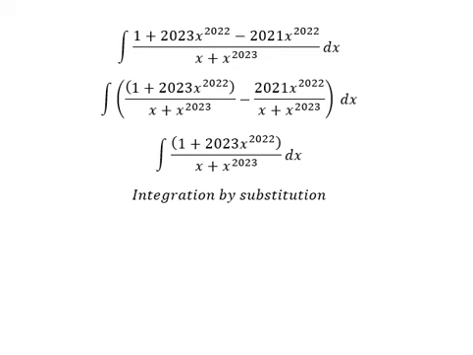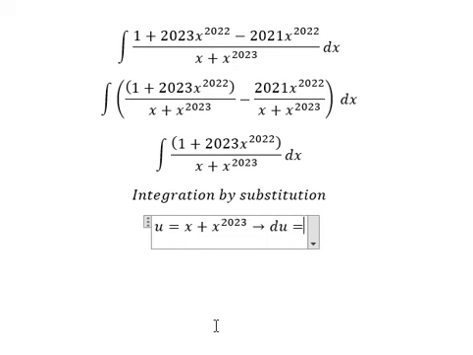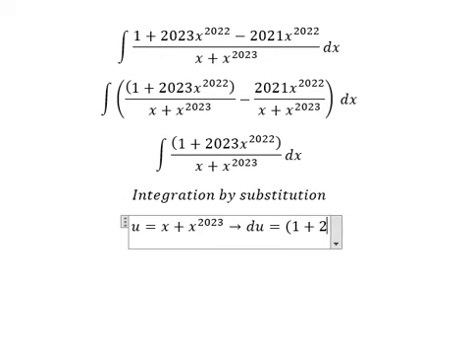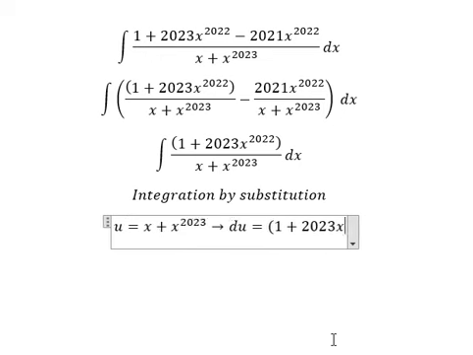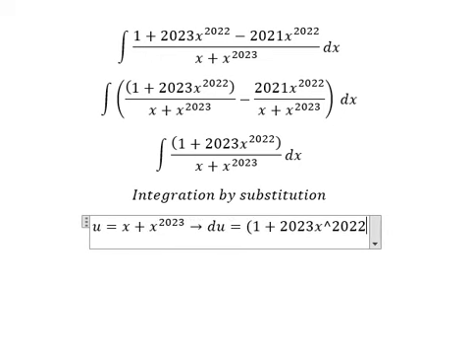So I will put u equals this one. Later we need to take the first derivative of both sides. The first derivative of s, we have number 1. This one we have 2023 s to the power of 2022.